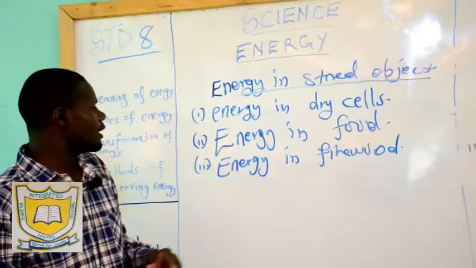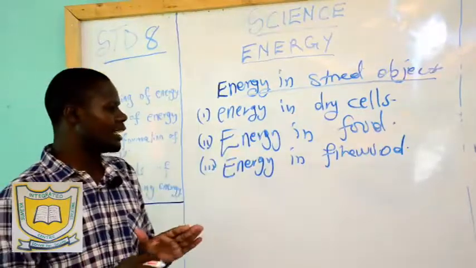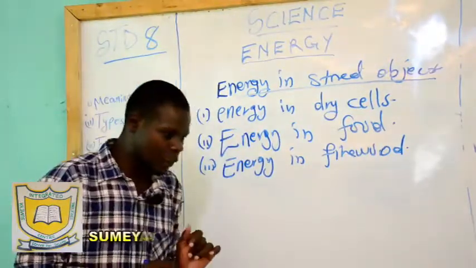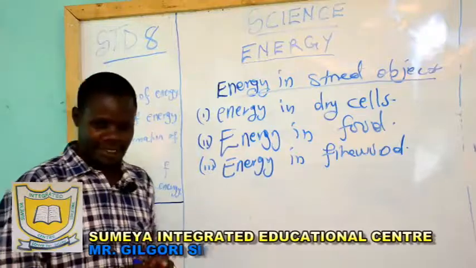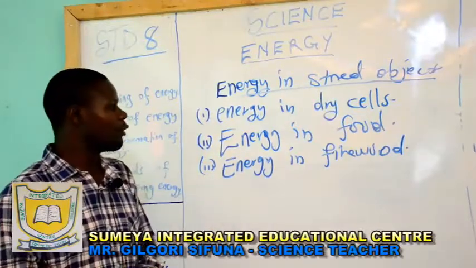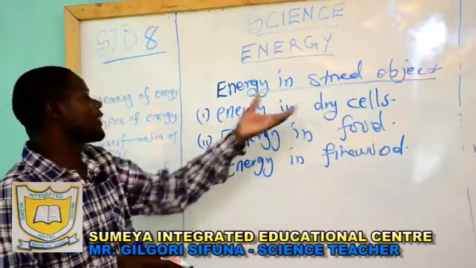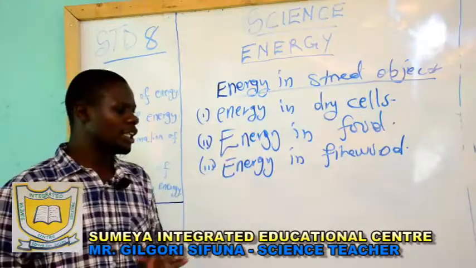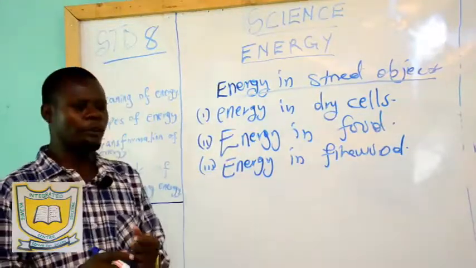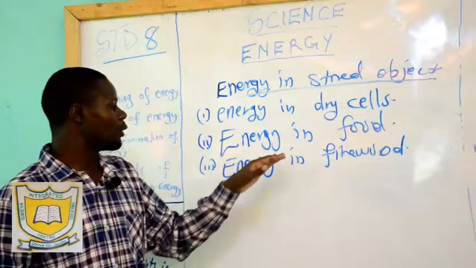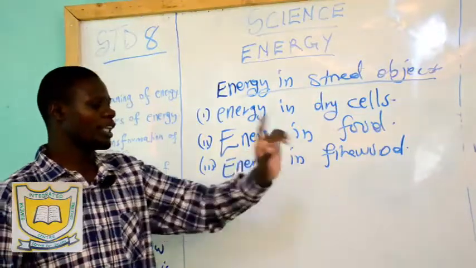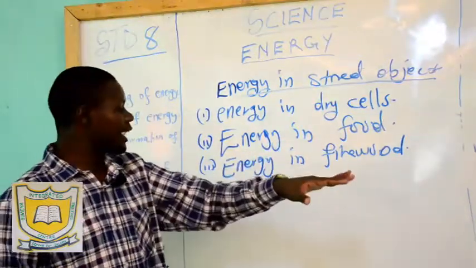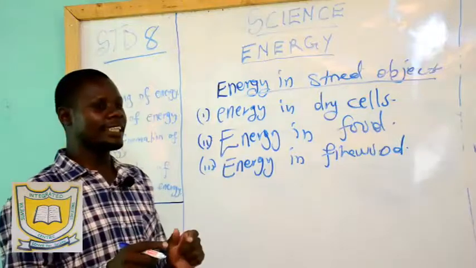You find that before you connect the dry cell, it will just have the energy stored there for even 2 years. It will just be there before you connect it. Energy in food, you can have food there, but before you consume it, you cannot get that energy. The food is just staying there, but it has energy inside it.